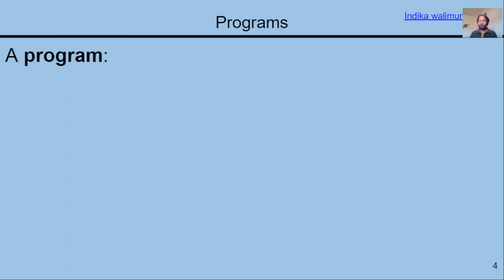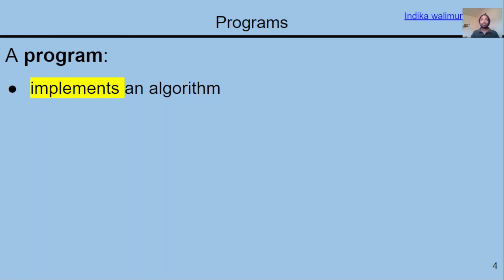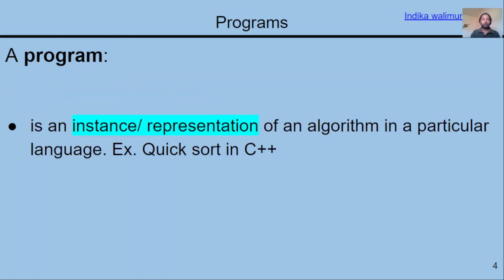All right, let's talk about what a program is. A program basically implements an algorithm. It's an instance, or representation, of an algorithm in a particular language. For example, a solution in a programming language of an algorithm is a program.